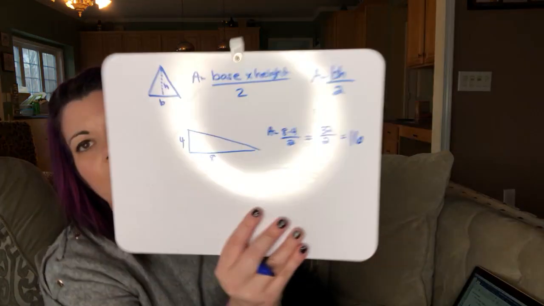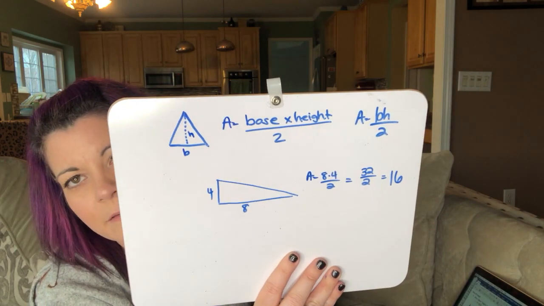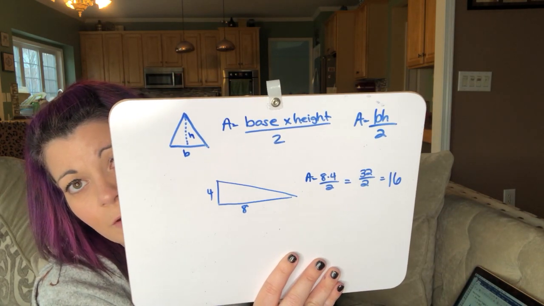So area, base times height divided by 2. 8 times 4 is 32 divided by 2. 8 times 4 is 32, and that would be 16. So the area of that triangle is 16. 8 times 4 is 32. 32 divided by 2 is 16. So that is the area of a triangle.